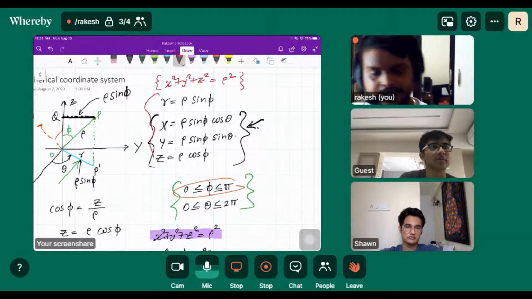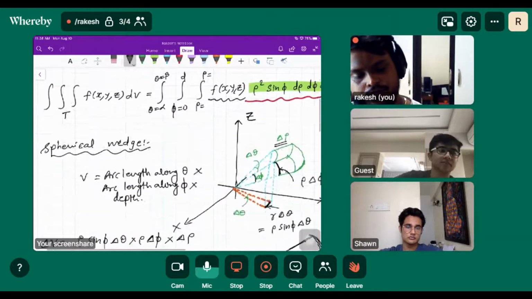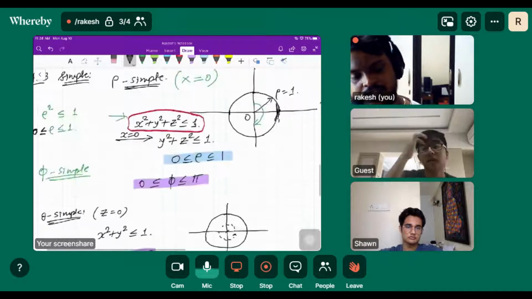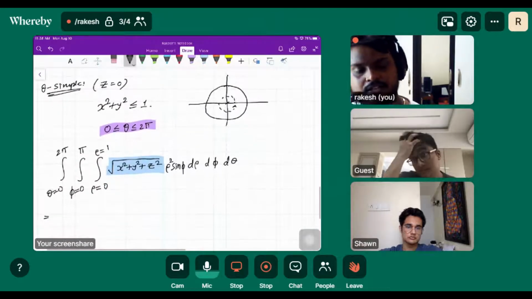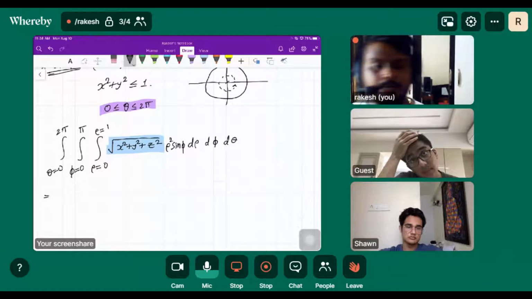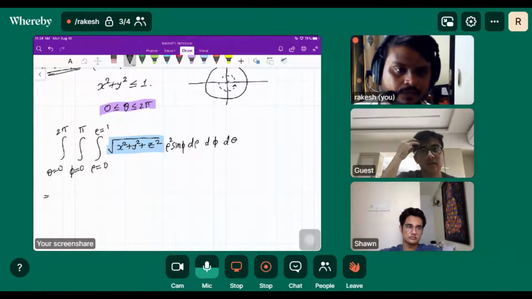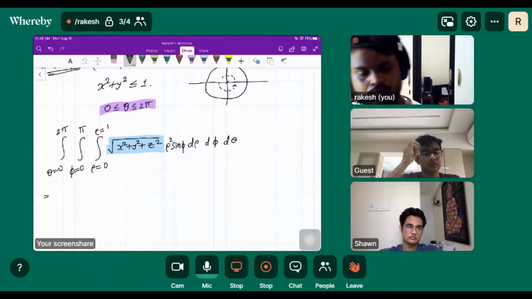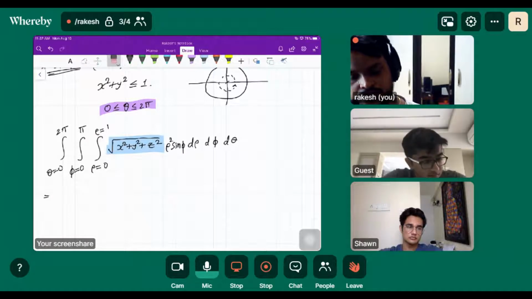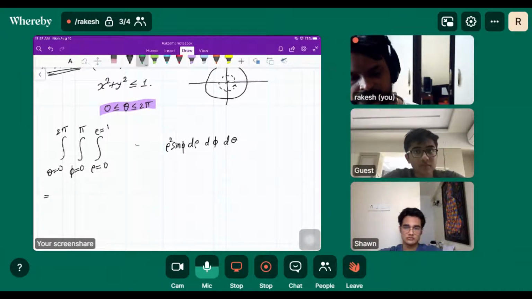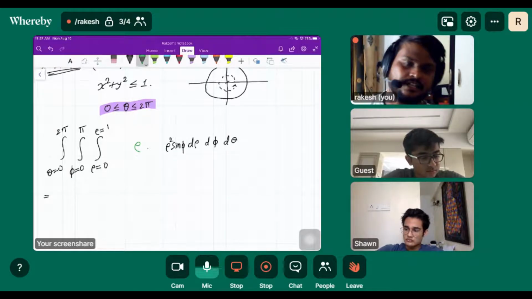That's the equation of a sphere. So x square plus y square plus z square is equal to rho square, and if you apply the square root, it will come out as just rho. So you can remove all these terms and replace them with just rho. Did you understand that?